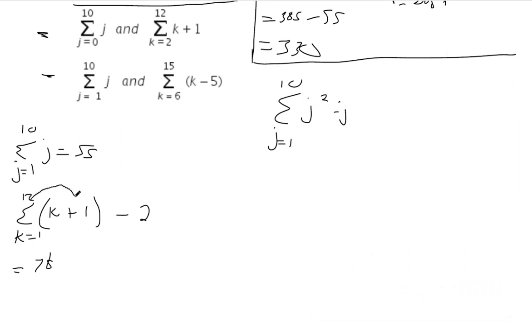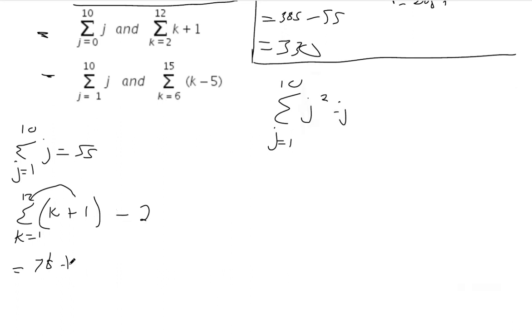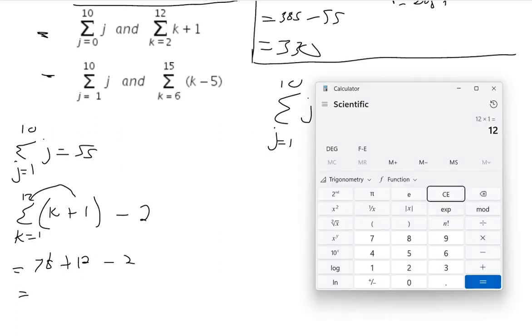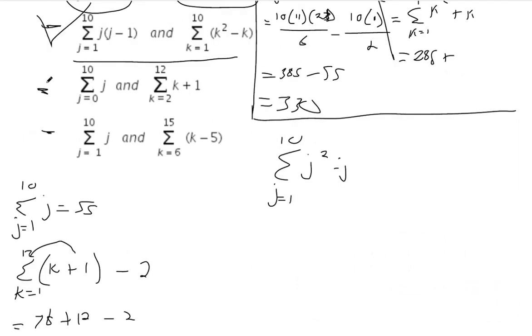And then look here, the sum of 1 from k equals 1 to 12, that means 1 plus 1 plus 1 plus 1, 12 times. In other words, it's 12 times 1. So that's going to be 12. And then we need to subtract 2 from the end. So that's 88. So those two are non-equivalent. I got 55 for the first one, 88 for the second one.